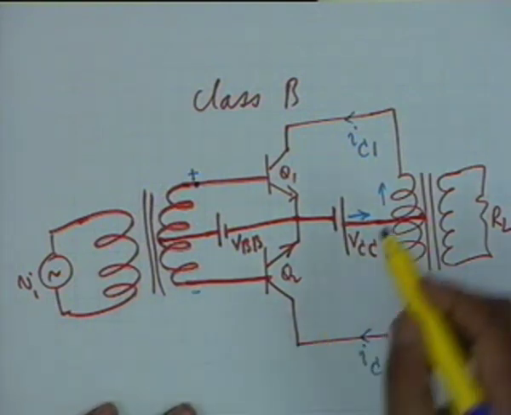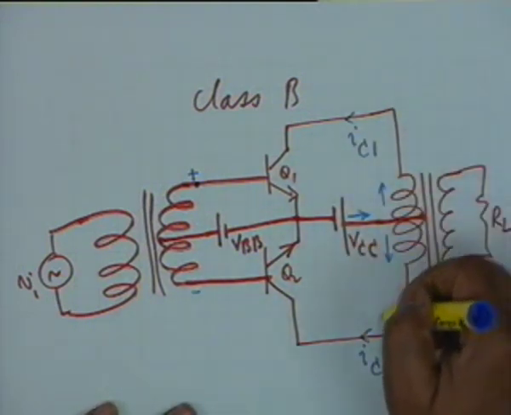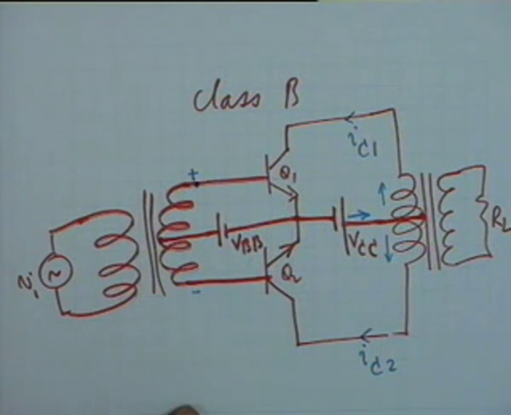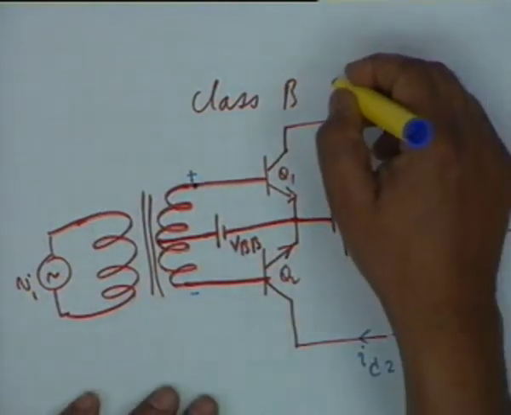So I sub C1 flows, I sub C2 does not flow. For how long does I sub C1 flow? Only for half a cycle.